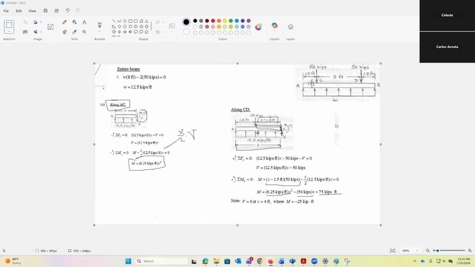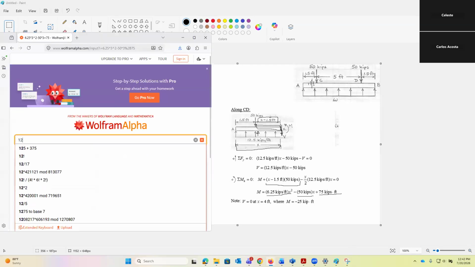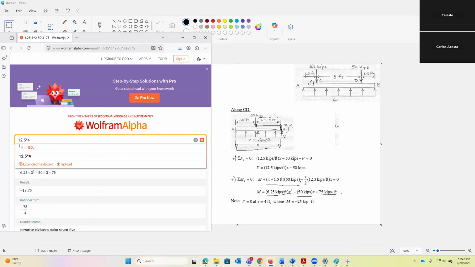minus 50. We'll go back to Wolfram Alpha and do 12.5 times x, which is 4, minus 50. And at that point it is 0.